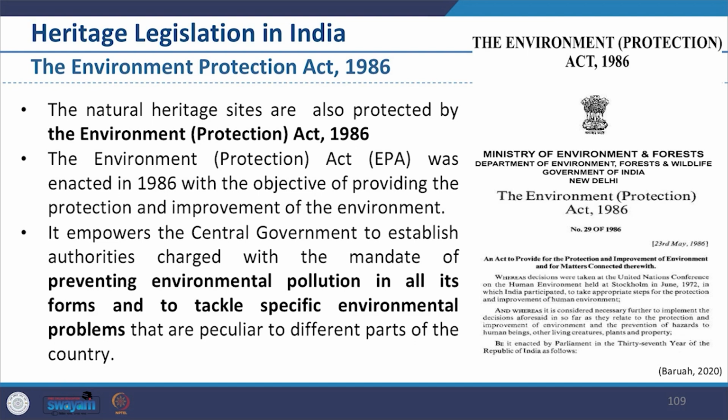It empowers the central government to establish authorities charged with the mandate of preventing environmental pollution in all its forms and to tackle specific environmental problems that are peculiar to different parts of the country. The Act is one of the most comprehensive legislations on the protection and improvement of the environment.